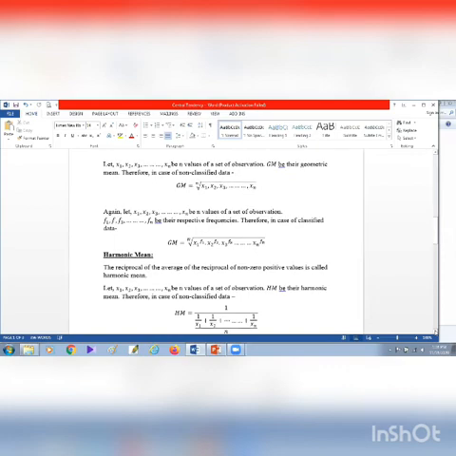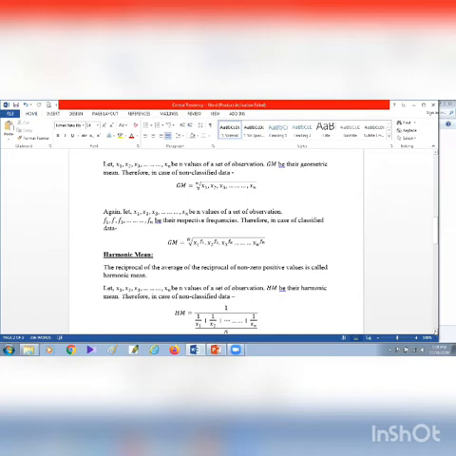For classified data, when f1, f2, f3 up to fn are their respective frequencies, the geometric mean GM equals nth root of x1 to the power f1 into x2 to the power f2 up to xn to the power fn.